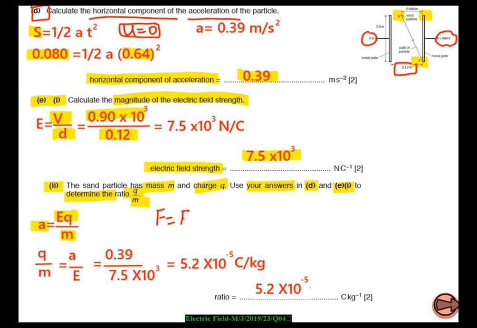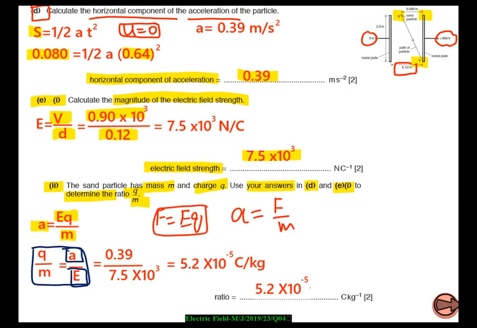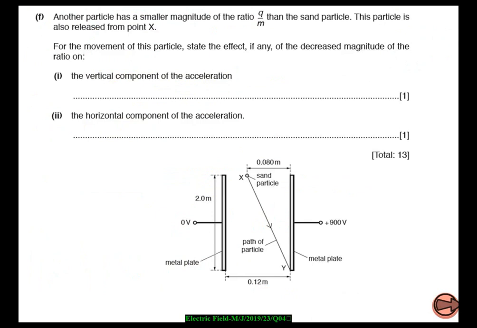Just do basic calculations using your calculator, and you will get this final answer. So this is the ratio between q and m.